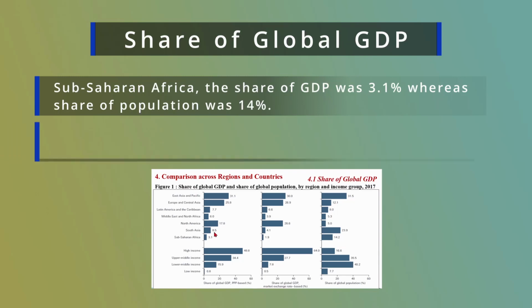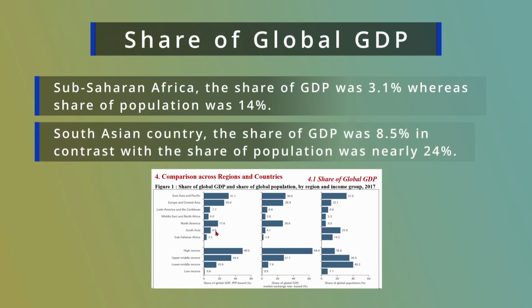In the case of South Asian countries, the share of GDP was 8.5%, in contrast with the share of population of nearly 24%. Therefore, this comparative assessment of the distribution of GDP is possible by the initiative of the ICP, International Comparison Program.